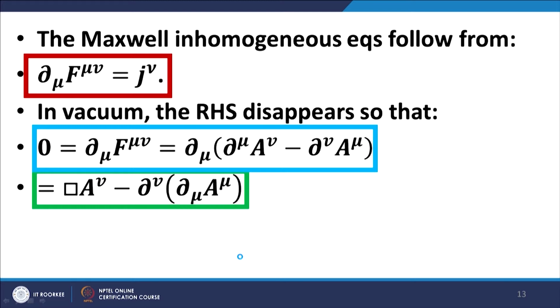The homogeneous equations are automatically satisfied from the property of the electromagnetic field tensor being a 4-dimensional curl. In vacuum, the right hand side disappears and we have the expression given in the green box at the bottom of your slide, which we have already discussed.